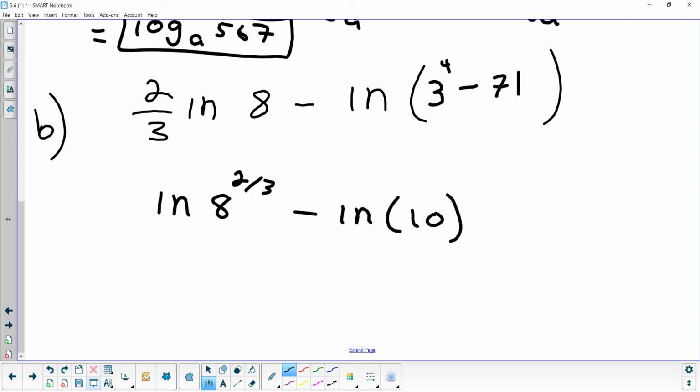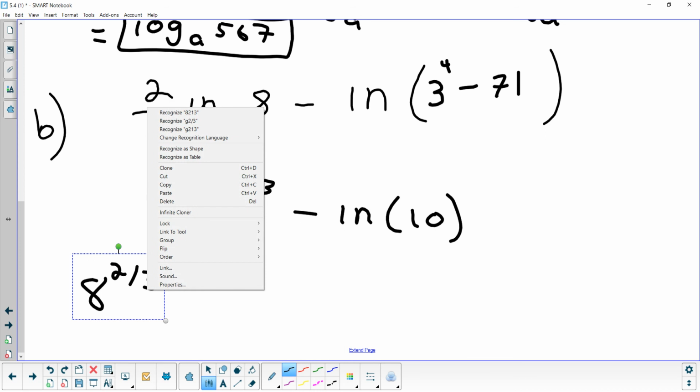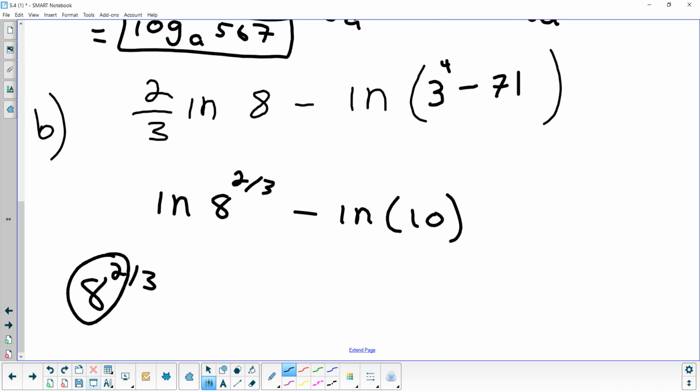Now, ln of 8 to the 2/3. The way you can think of that, when you have a fraction, 2 is your exponent, divided by 3 is your root. What's 8 squared? 64. Divided by 3 means cube rooted. What's the cube root of 64? 4. You could always type that in on a calculator, but this is one that's pretty quick.